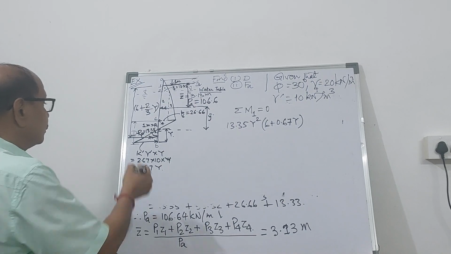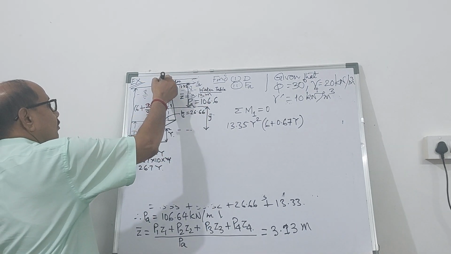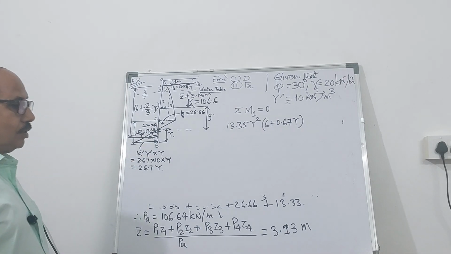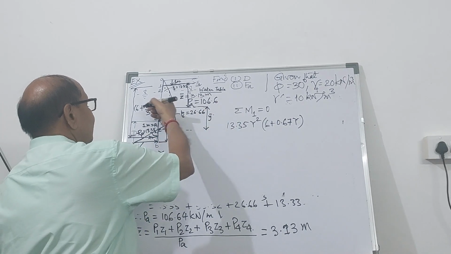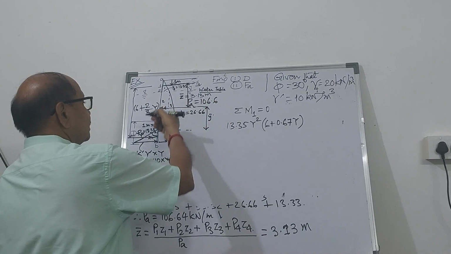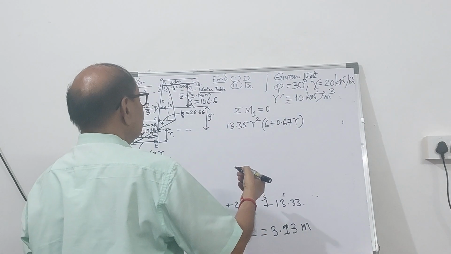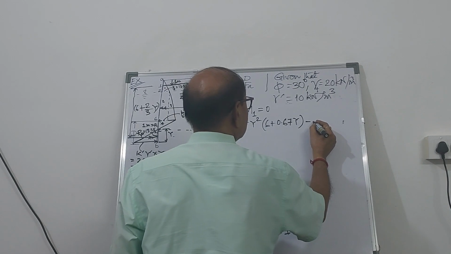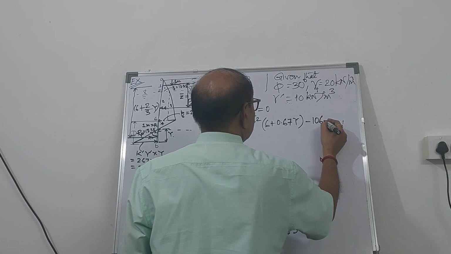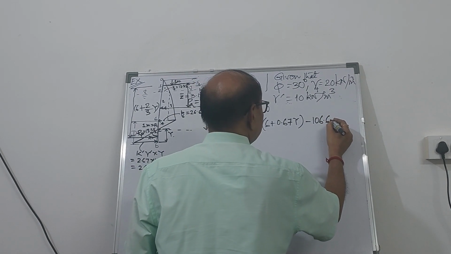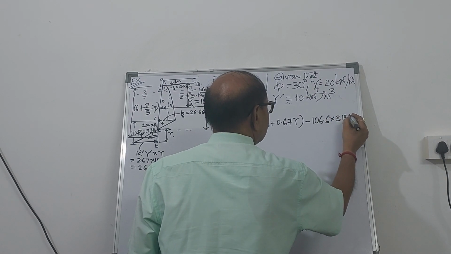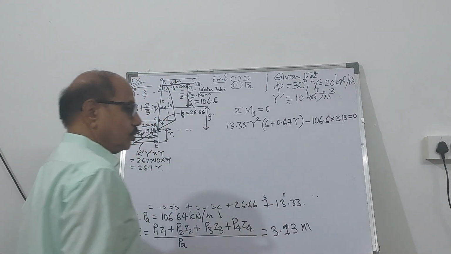y. This is going to create about this point a moment anti-clockwise, and then you have got another force, that is PA, active thrust, which will be creating a clockwise moment, hence minus 106.6 into Z bar. So Z bar is 3.13, must be equal to 0.